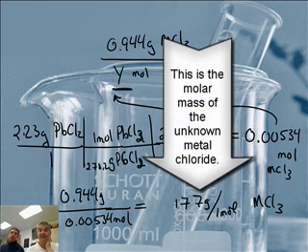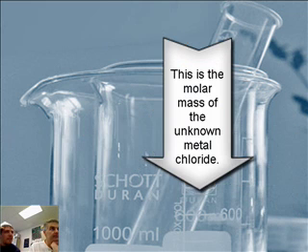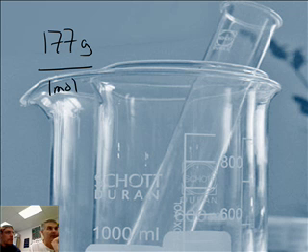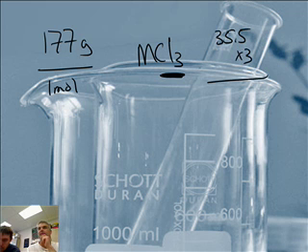Now we're still not done, because that's the metal chloride. We want the identity of the metal. So I'm going to recopy it here, and this is MCl3. That's the total mass of that formula. So we need to subtract out the mass of the chlorine, and that'll leave us with the mass of the metal. Chlorine weighs 35.5, and there are 3 of them, and that would add up to 106.5 grams.